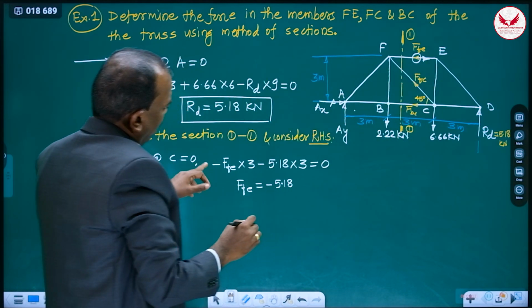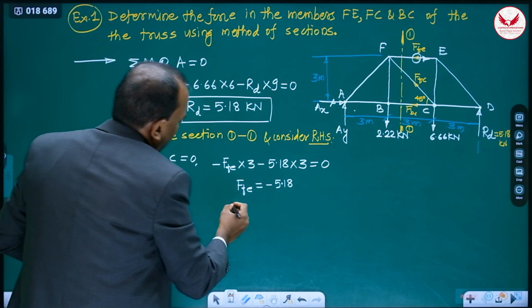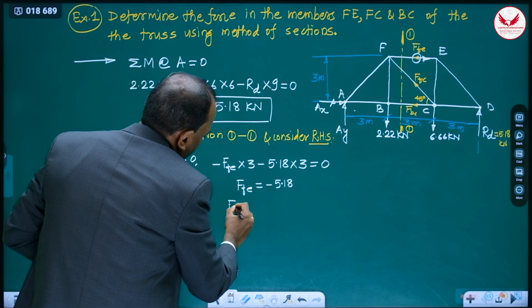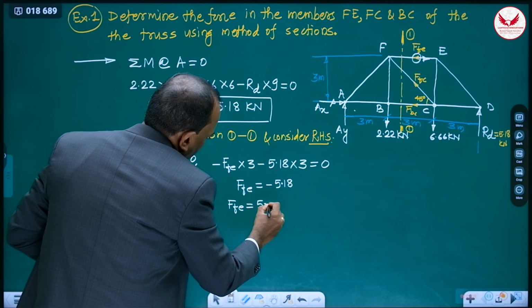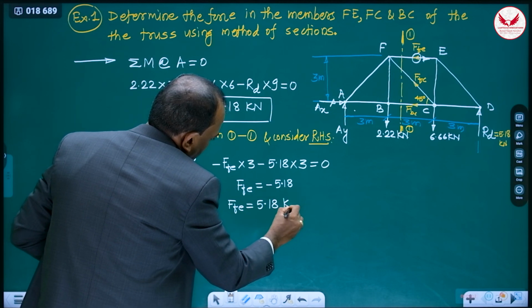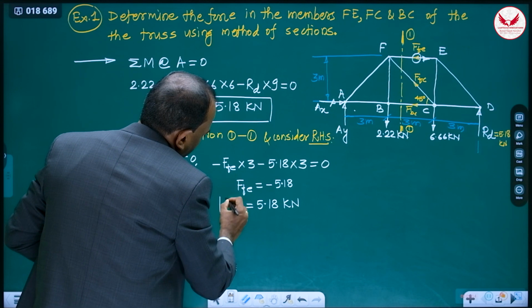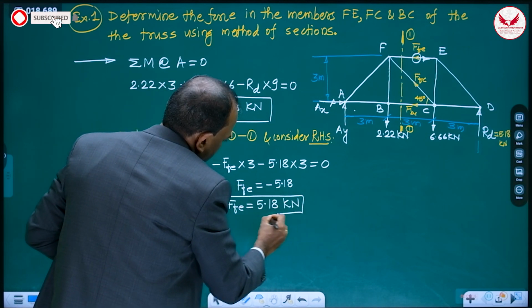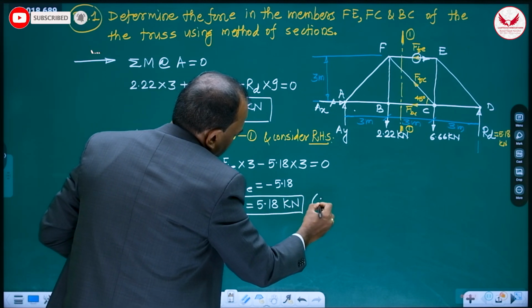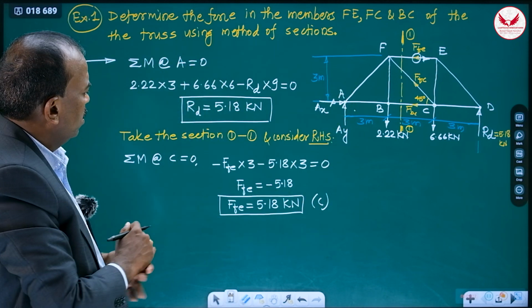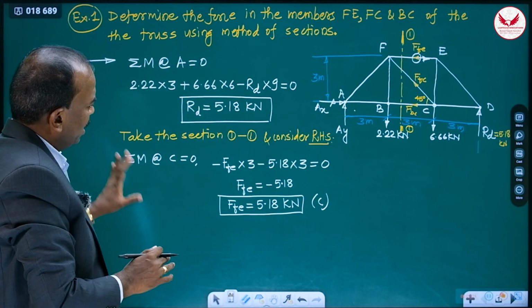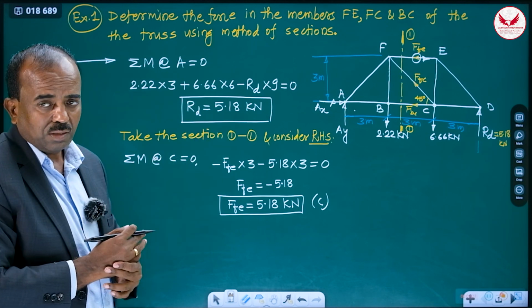Whatever our assumption of tensile member, it is wrong. And then simply I will write FE is equal to 5.18 kilonewton. And this member is compressive. And see, there I have encircled the wrong direction. I have shown the correct direction.